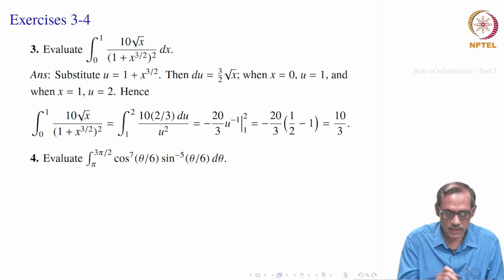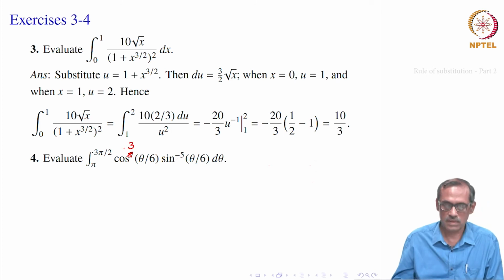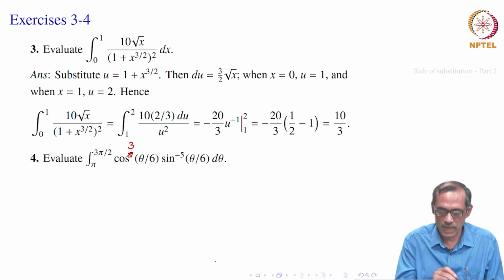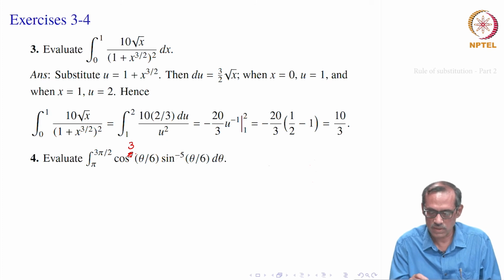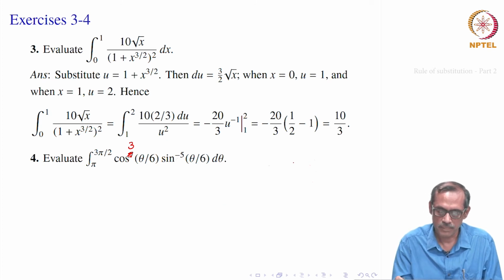We want to evaluate the integral from pi to 3 pi by 2 of cosine 7 theta by 6 sine minus 5 theta by 6 d theta. Well, there should be a difference of 2. We take cosine cubed theta by 6 sine minus 5 theta by 6 d theta. Here I change to cube because it will be easier to see with tan.